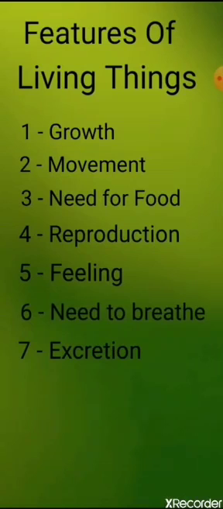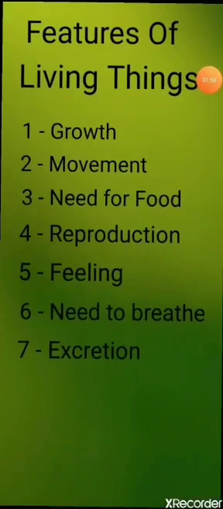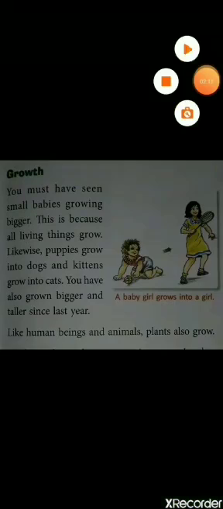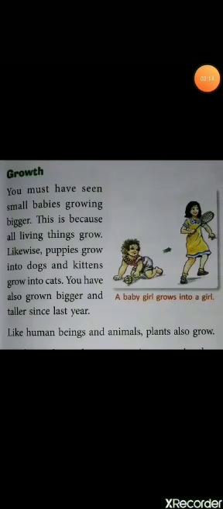These features are number 1, growth, number 2, movement, number 3, need for food, number 4, reproduction, number 5, feelings, number 6, need to breathe, and number 7, excretion. Now we will start with growth.